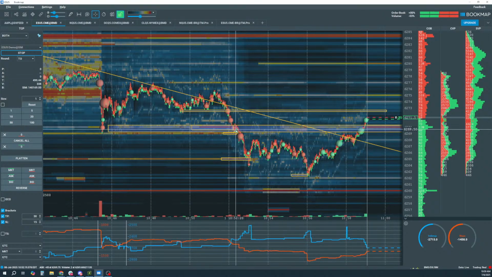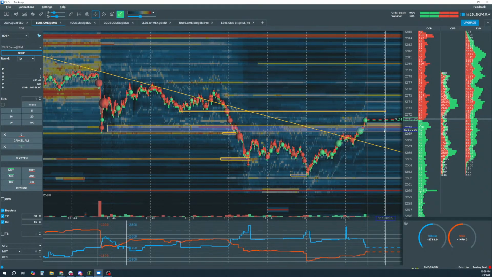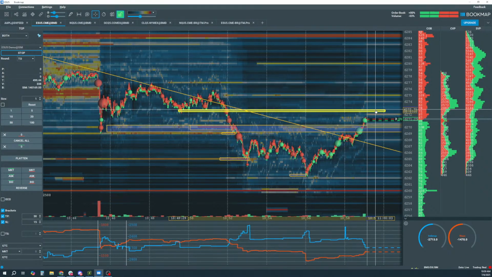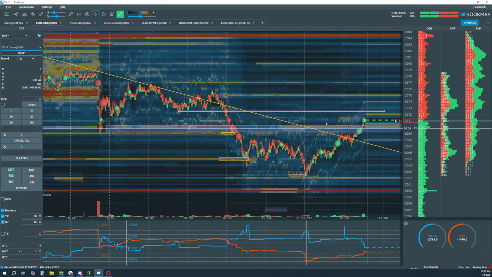Okay, you can see it just blasted through that already. So, you know, these bigger swings are kind of unfolding here.